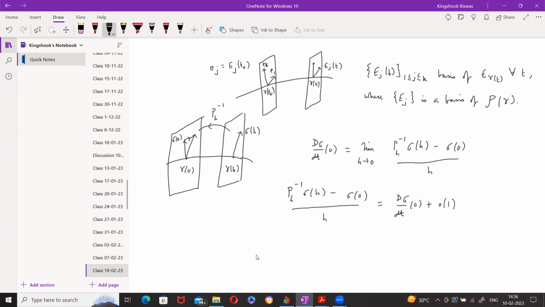So if I multiply by H and take things to the other side, then I get that P_H inverse of sigma_H is equal to sigma_0 plus H d sigma/dt at 0 plus little o of H, right? Yes?